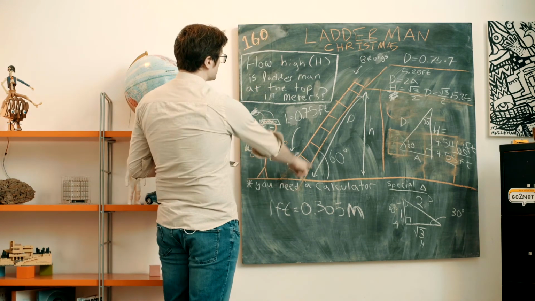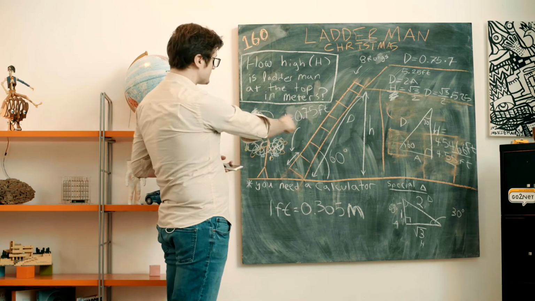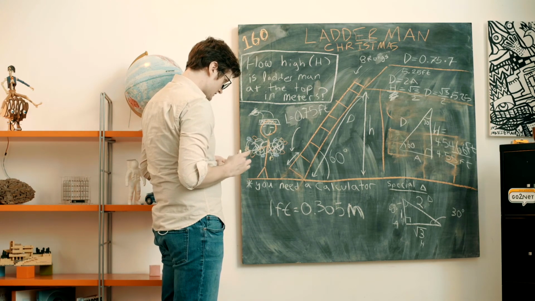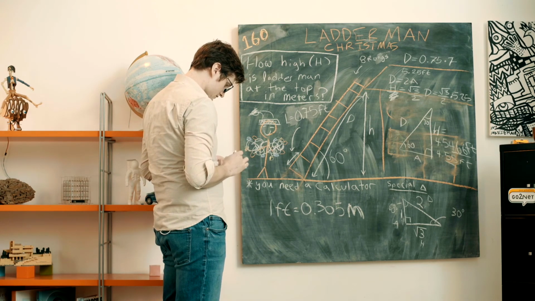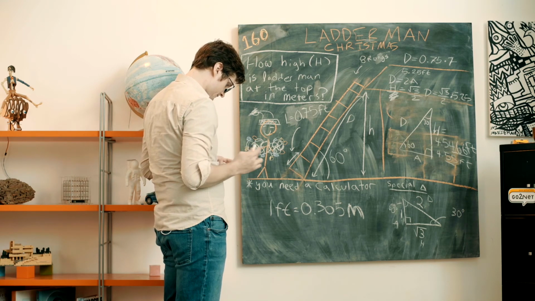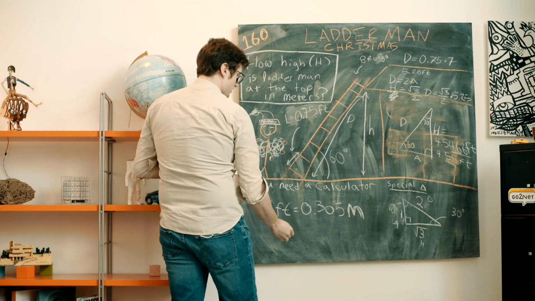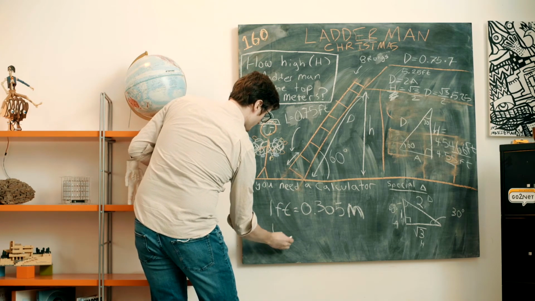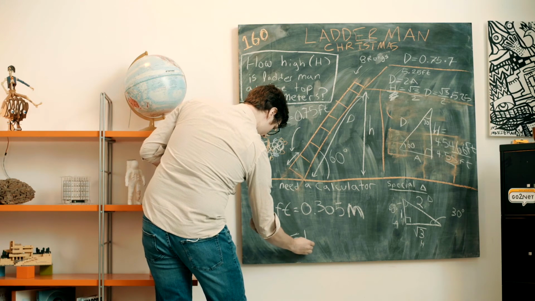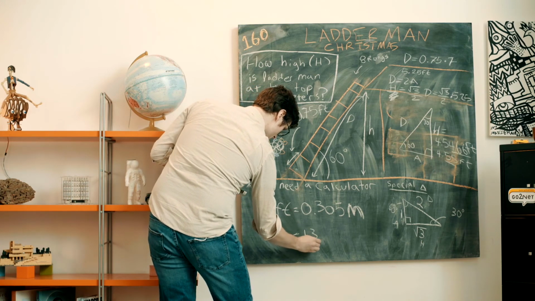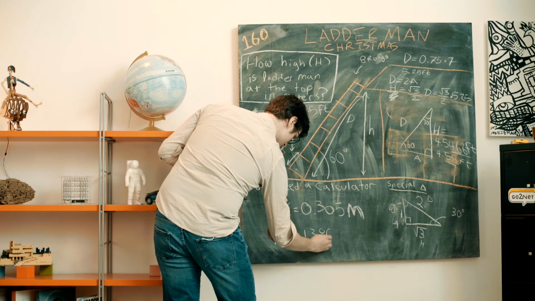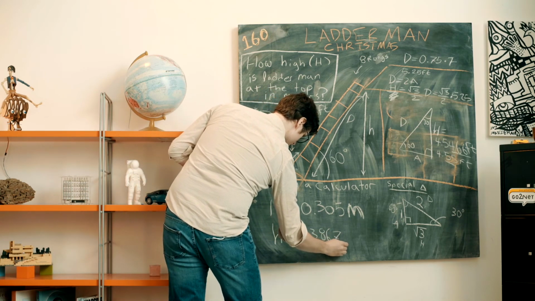Now, we're not quite done because that's feet. We need to convert to meters. So we're going to multiply by 0.305, and we end up with H equal to 1.3867 meters.